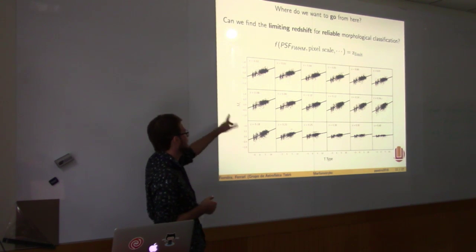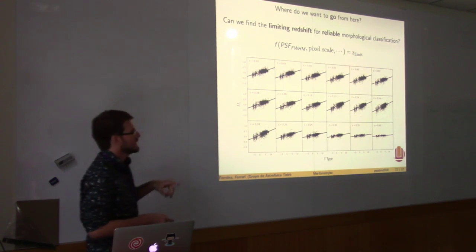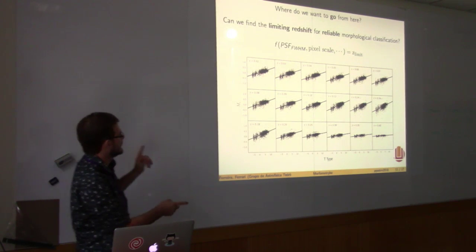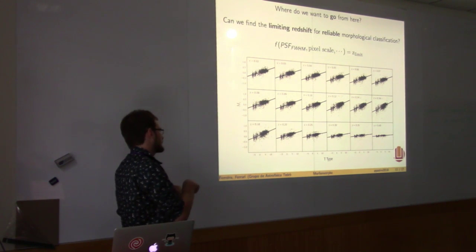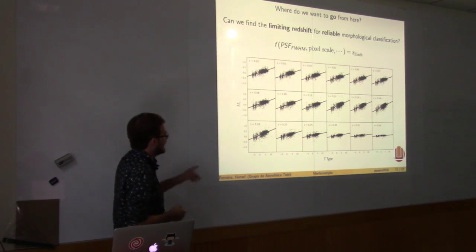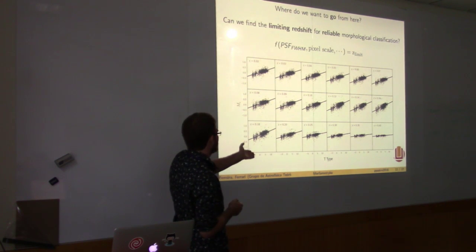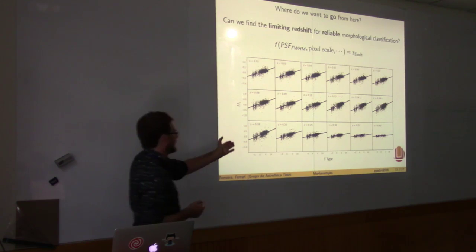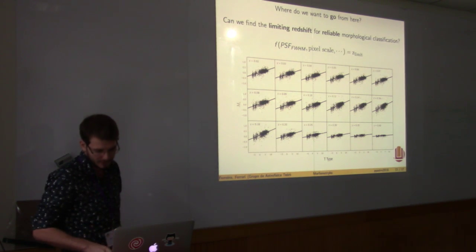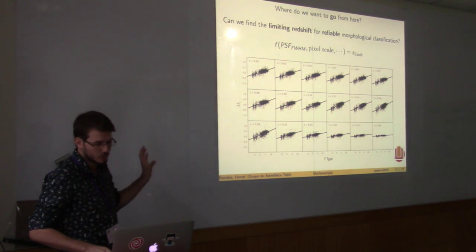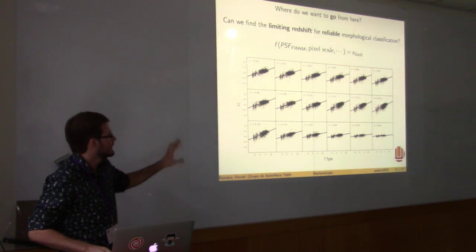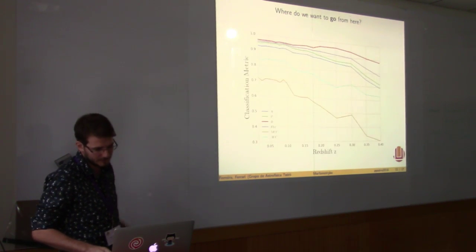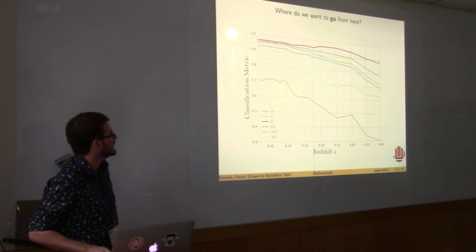So you see here in the previous classifications the relationship between our supervised classification and the t-type, and after, in this case, redshift 0.2, the correlation starts to break down. And we want to find a general limiting function of this kind. So here are the classification metrics, and that's it.